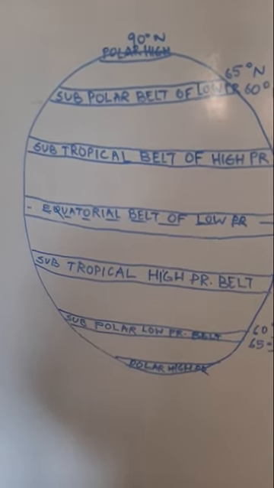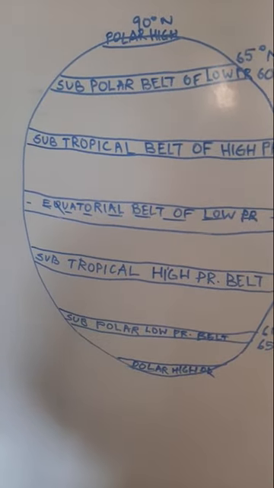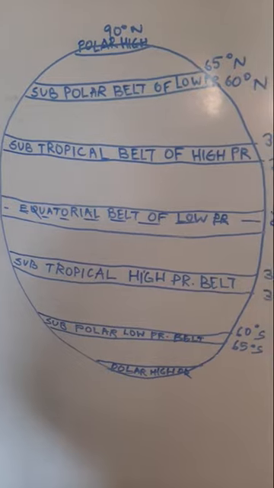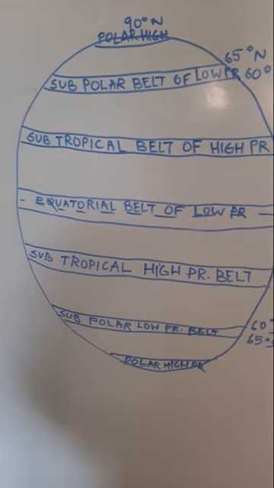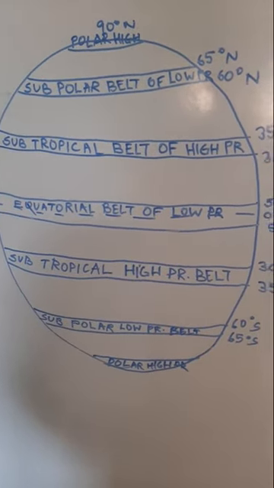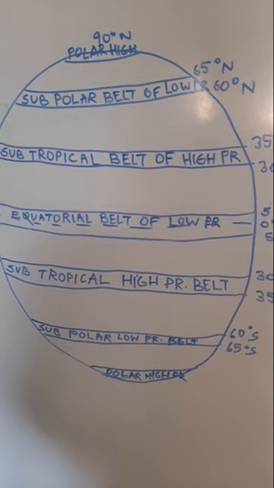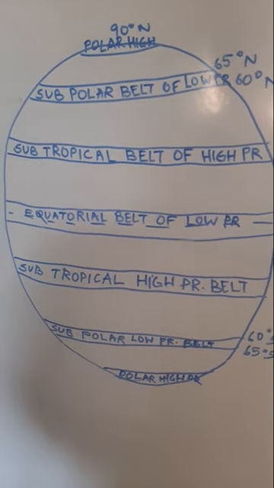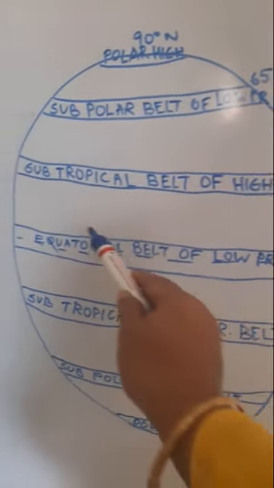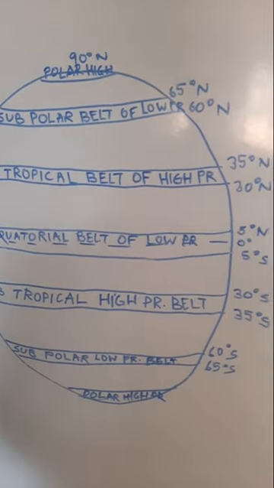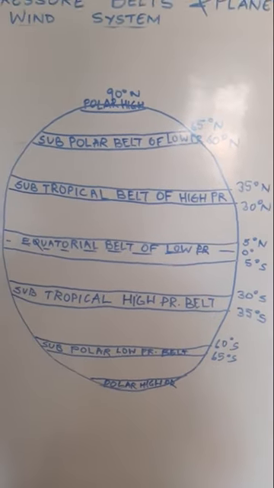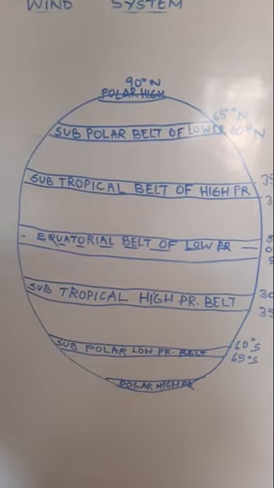I had also said previously that when there is more heating, the hot air rises up. This hot air is lighter, and this belt has lesser air, and so pressure is low. Equatorial belt of low pressure.